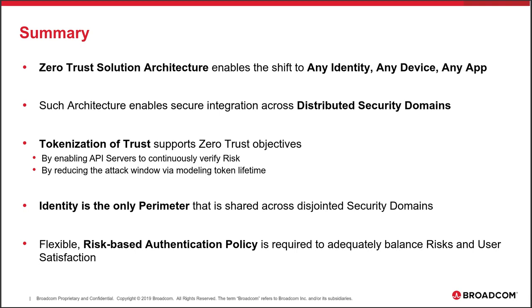In order to do that, you have to have an authentication dial tone, a very flexible risk-based authentication policy that can be brought into the fabric of any one of your application ecosystems, so that you can adequately balance risks: on one hand, security risk, and on the other hand, user satisfaction.